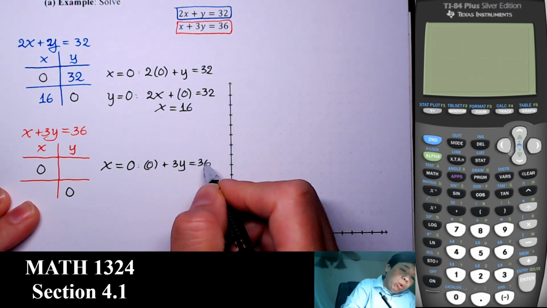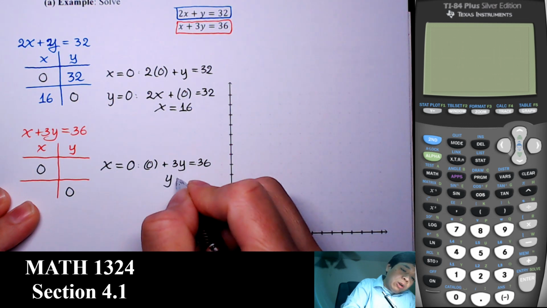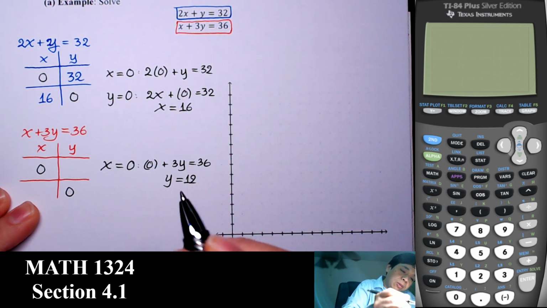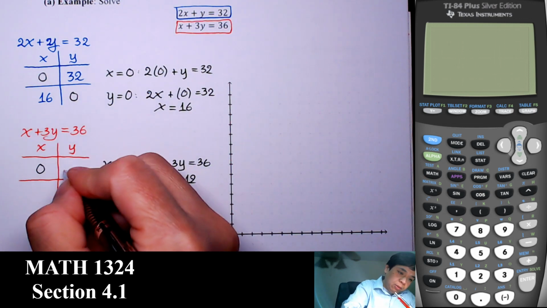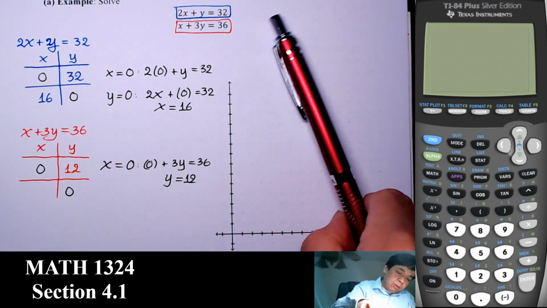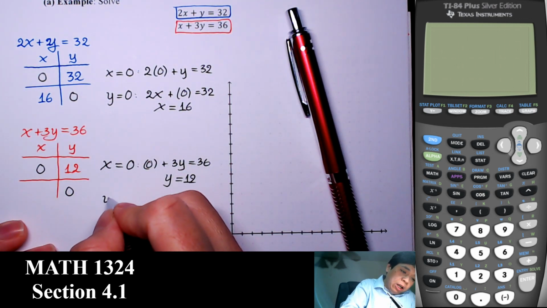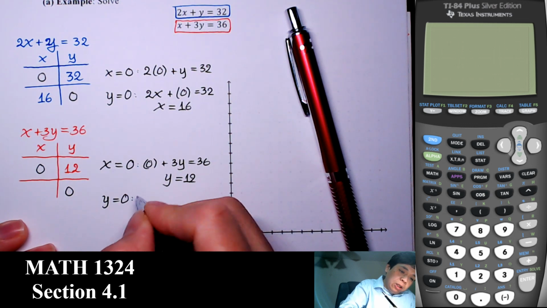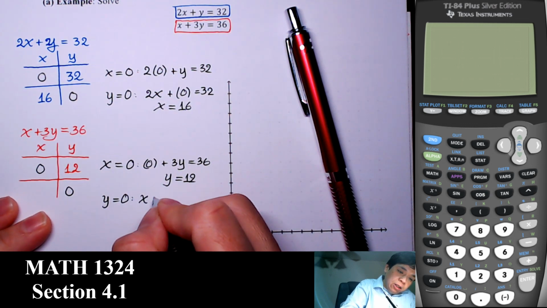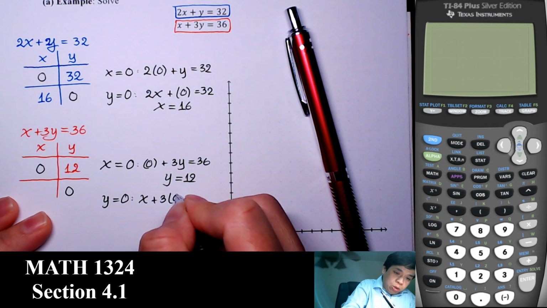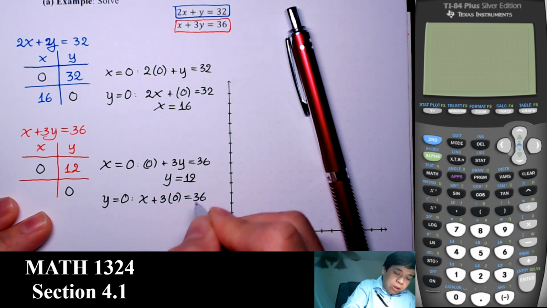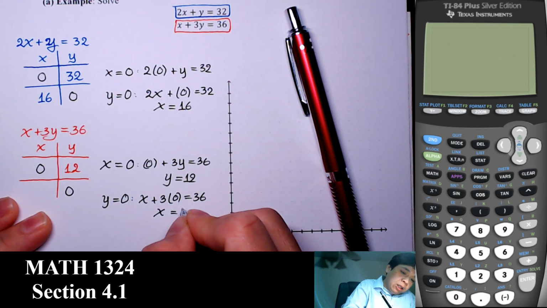Divide by 3 on both sides, and we have y equal to 12. And when y equals 0, we have x plus 3 times 0 equals 36. So x is equal to 36.